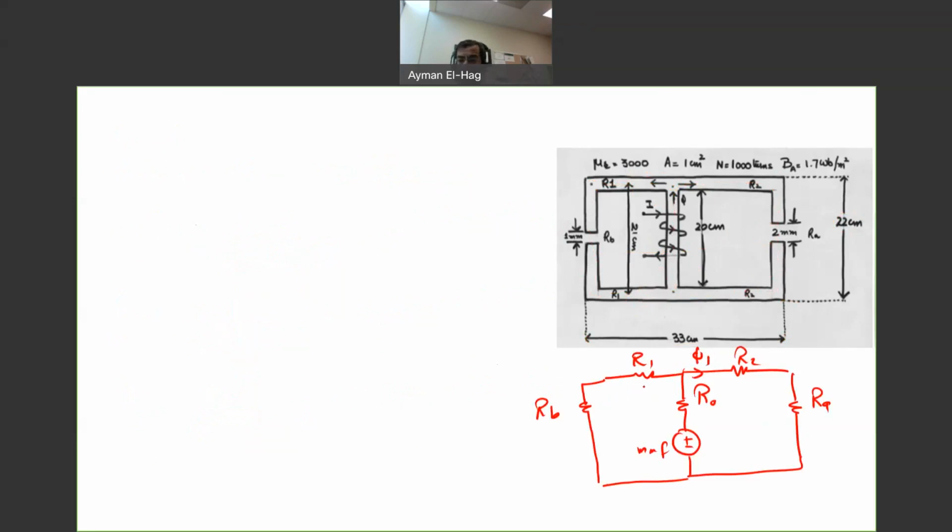Now we want to find the main flux phi so that we can find the MMF.